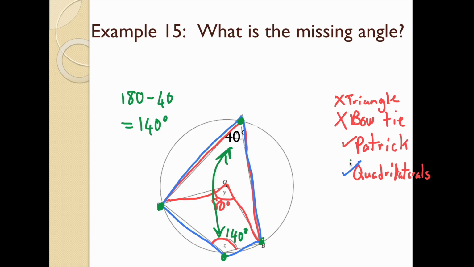We had a Patrick, so I know this here is supposed to be double. Next one, quadrilateral. I shape my quadrilateral, this outer four parts, and I know these opposite angles should add up to 180.